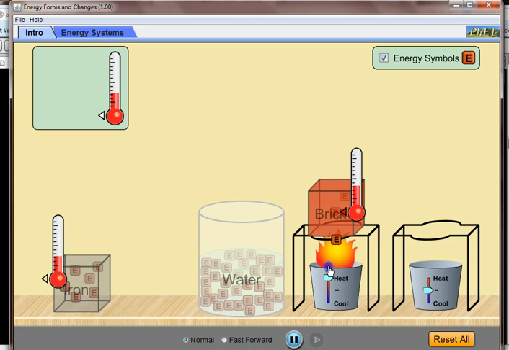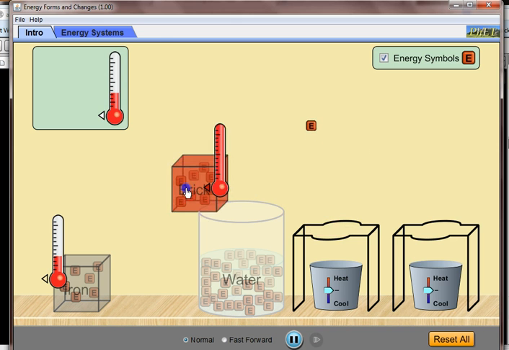Okay, so you just heat it, up till the temperature rises to the max. Now we take the brick and then put it over the iron block and see what happens.